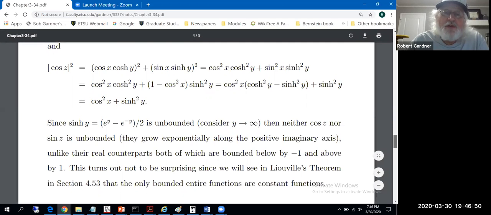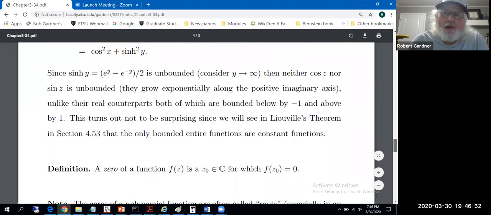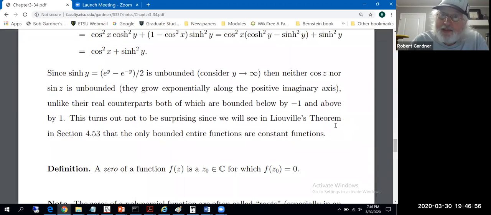There's a reason for that. In fact, all nice analytic functions, all entire functions in the complex setting, are unbounded unless they're constant functions. That's called Liouville's theorem. So there are no bounded functions except for constant functions that are analytic in the whole complex plane.